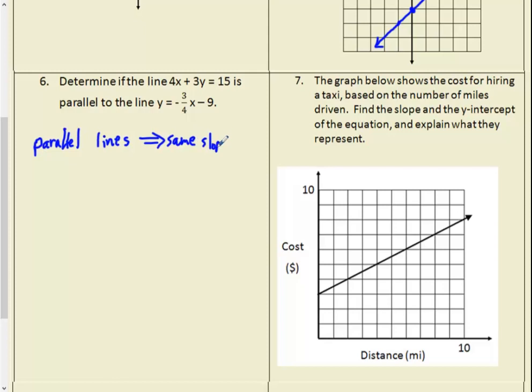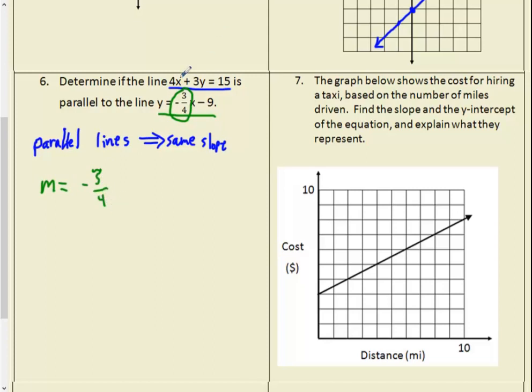Do they have the same slope? So let's look at this line in blue, and we'll look at this one in green. In the case of the green, we already know our slope because we have the equation in slope-intercept form. So slope is equal to negative 3 over 4.